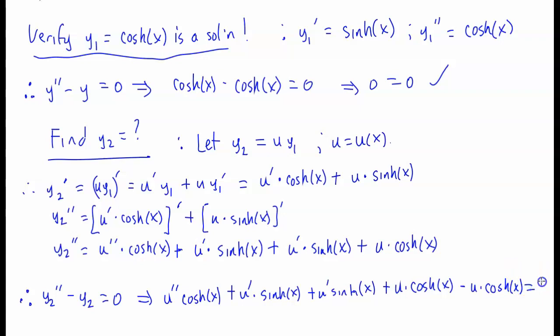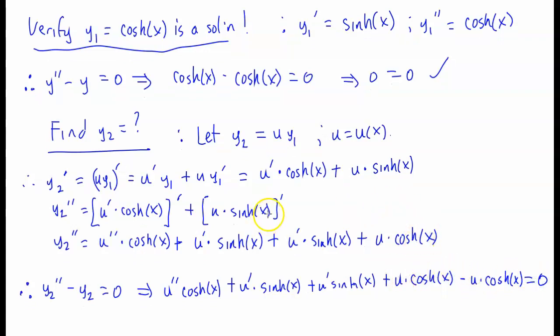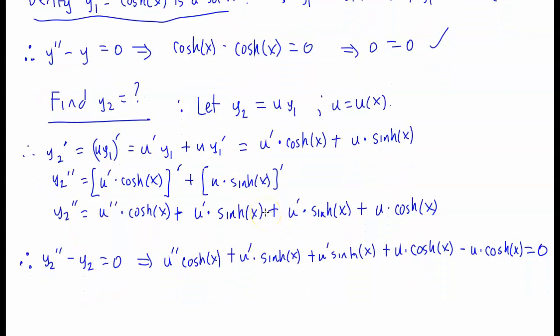And, of course, all that equals 0. Okay. Now, at this point, as expected, all terms that have just u in it are going to cancel out with other terms so that we have no terms of u in our equation at this point. And so you can easily see that right here. So these two terms cancel out.